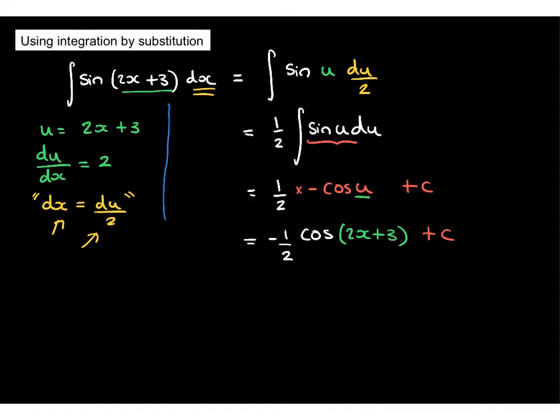So here is the original integral, and here is the final answer. Now, can you see how this could be done in one single step without necessarily having to use the full integration by substitution process? We know that sine integrates to negative cosine. So in our answer, we have negative cos 2x plus 3.